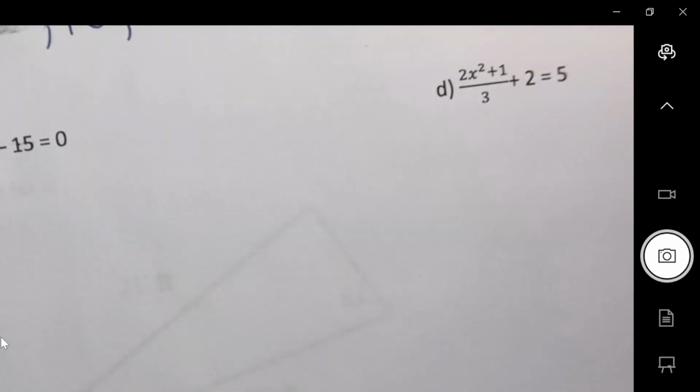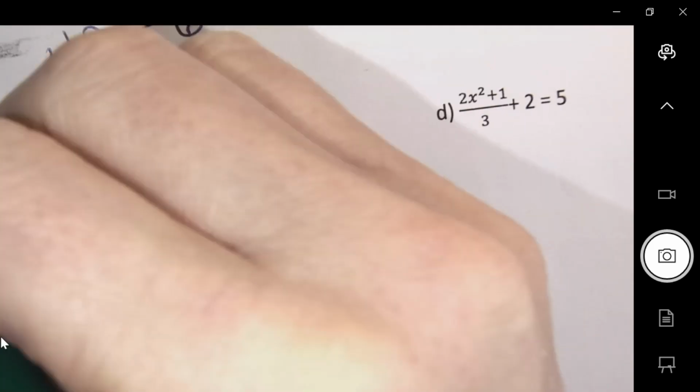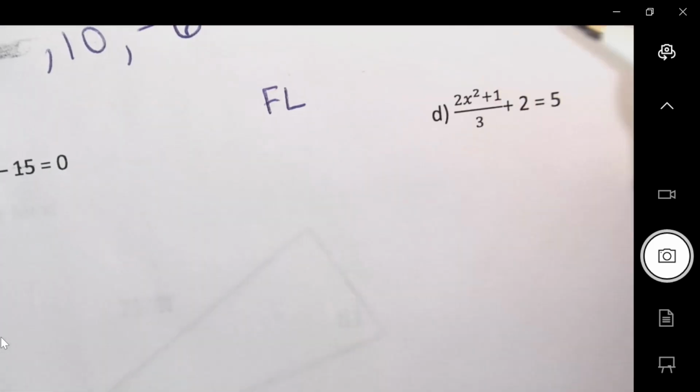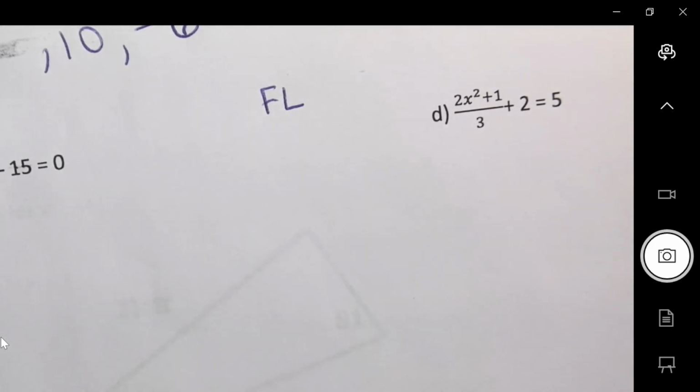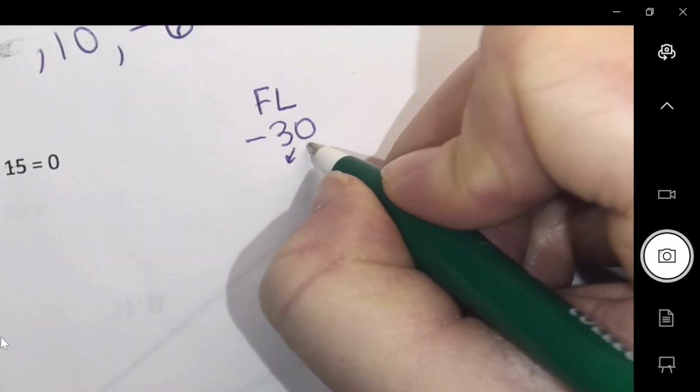Okay, 2 variables, check, equals 0. Factoring. Complex trinomial. Okay, so my first step is to FLA. The 2 at the front times the negative 15 at the end makes negative 30.